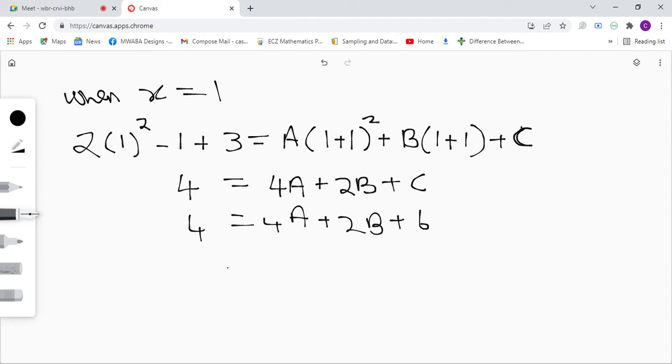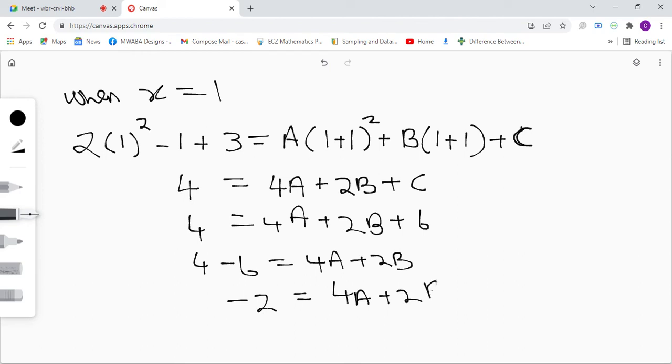So we're going to take the 6 over to the left hand side. So we're going to have 4 minus 6 equals 4a plus 2b. 4 minus 6, that's negative 2. So we have negative 2 equals 4a plus 2b.